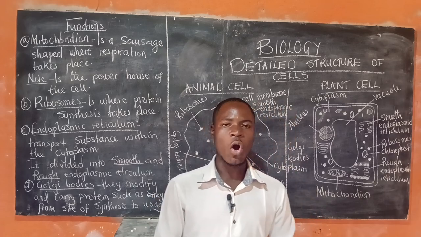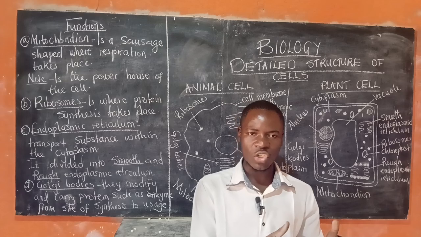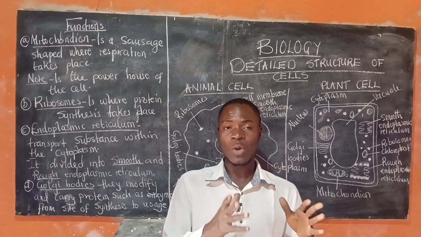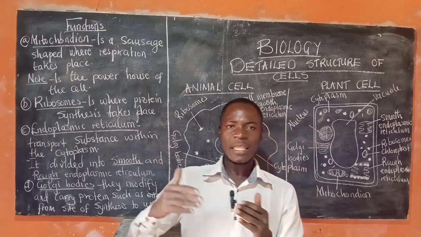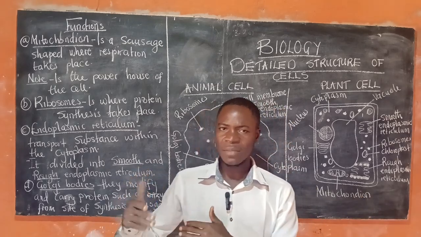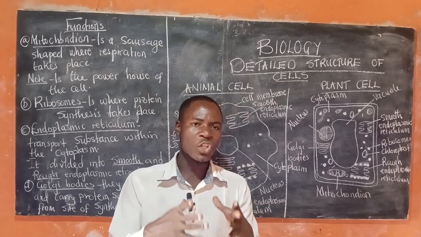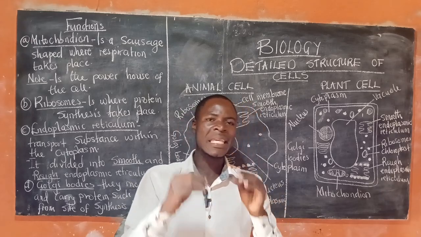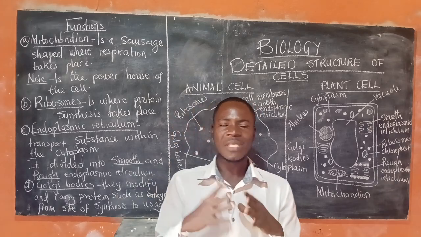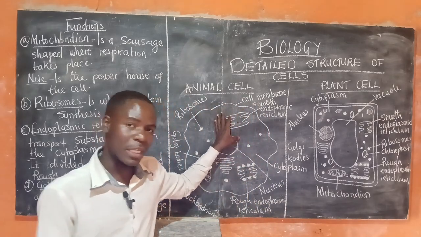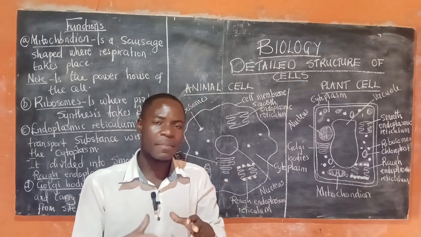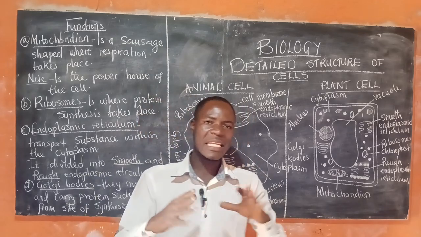There is the smooth endoplasmic reticulum and the rough endoplasmic reticulum. Smooth endoplasmic reticulum means it has no ribosomes attached on it. These are the reticulums that do not occupy any ribosomes.